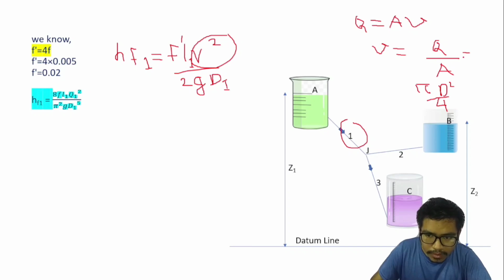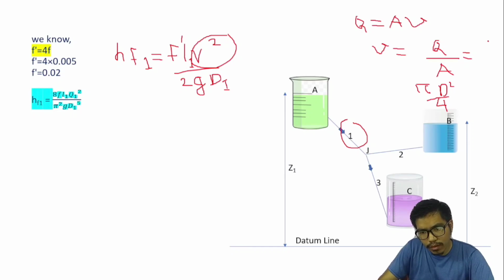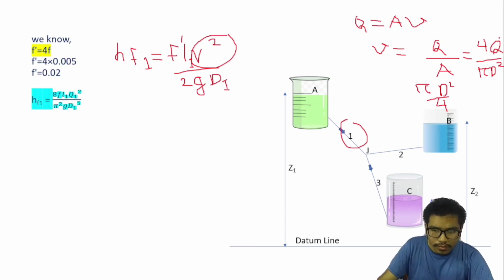So velocity becomes 4Q divided by pi d square. Take this value and substitute here.